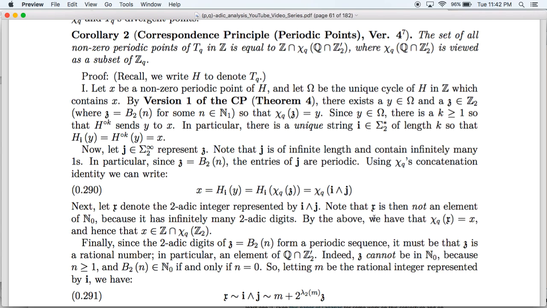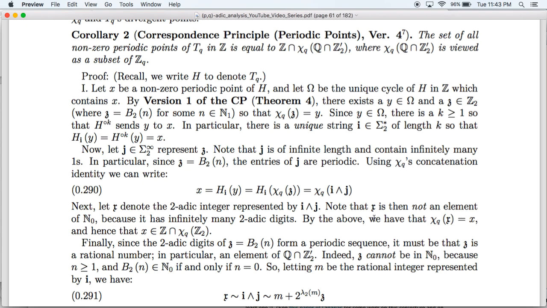So again, this is a cycle, so by version 1 of the correspondence principle, there is going to be some Y in big omega, and some Z in Z2, where Z is of the form B2 of n, such that chi-q of Z is equal to Y. Since Y is in big omega, there is going to be some k such that applying H k times sends Y to X. That k then corresponds to a unique length k string I, such that h_I of Y is the same thing as applying H to Y k times.